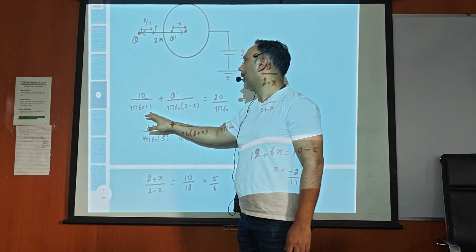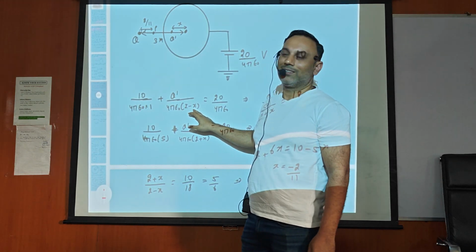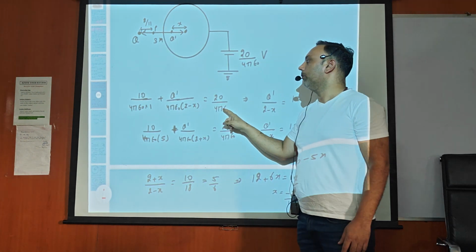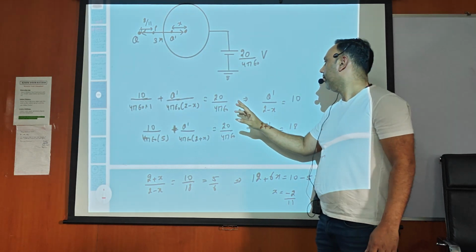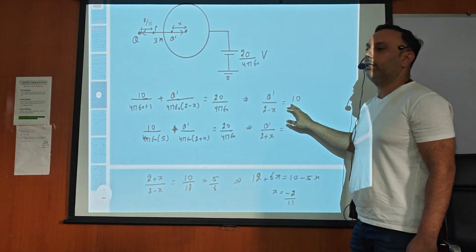So kq by 1 plus q dash by 4 pi epsilon naught into 2 minus x, so this length will be 2 minus x, should be equal to 20 by 4 pi epsilon naught. So 4 pi epsilon naught cancels. One equation is this: q dash by 2 minus x is equal to 10.